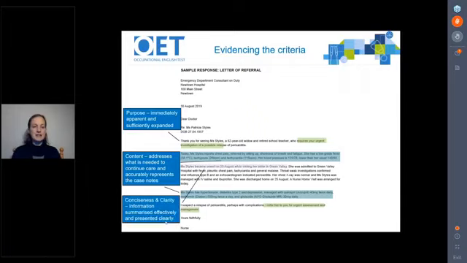Conciseness and clarity is the next criteria. Conciseness and clarity is checking whether the information is summarized effectively and presented clearly. And we can see in this example that this patient history has been summarized well in the example sentence highlighted on the screen.